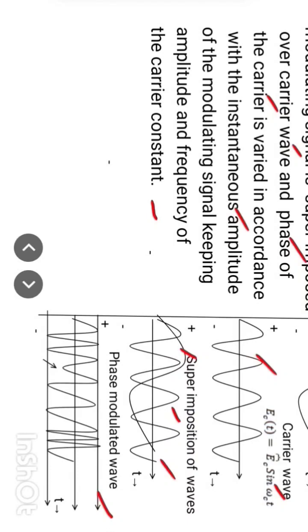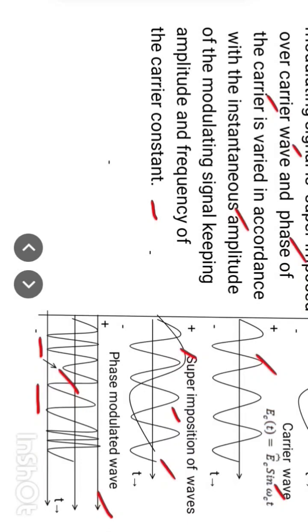One is the change in frequency and the other is the change in phase here. So phase modulation finally is frequency modulation. When we carry out phase change, it results into finally frequency modulation.